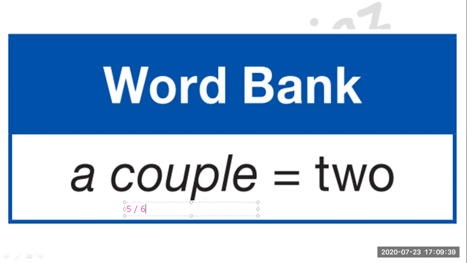No hay un problema que yo digo a couple para mí son 6. Well, I have a couple of apples. Tengo 6 manzanas. That's not a problem. Teacher, is the same in Spanish? Un par. Exacto. Es un par. Sometimes when we say un par, that doesn't mean two.